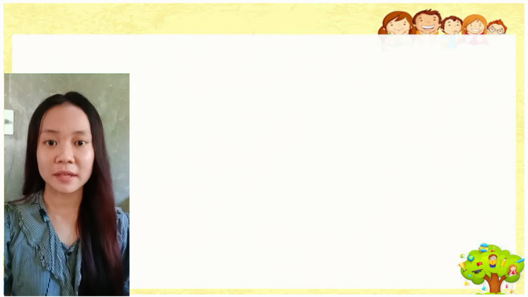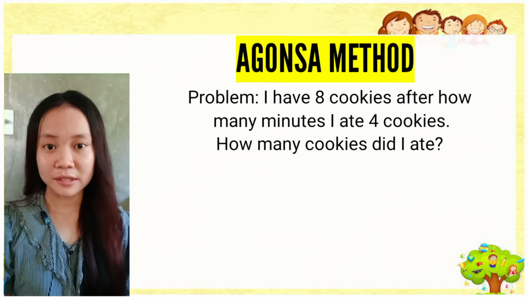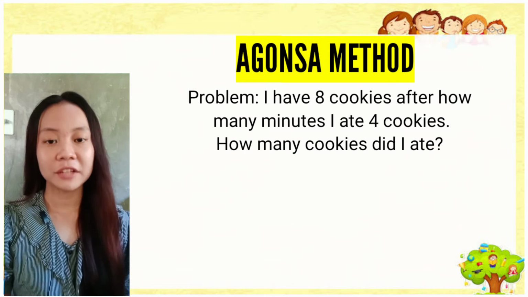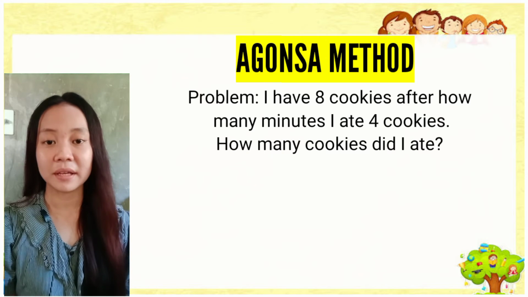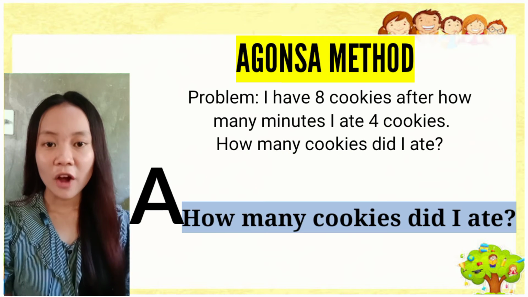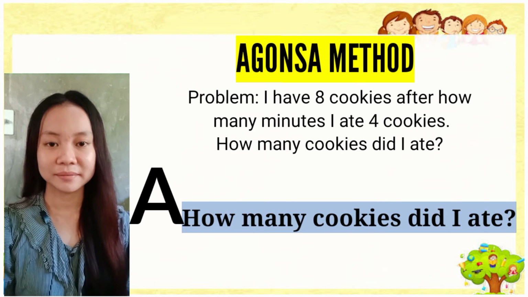As what I've said, kids, the first thing to do is we need to identify first what is asked in the problem. So, what is being asked in the problem is how many cookies did I eat? So, that is what is being asked.